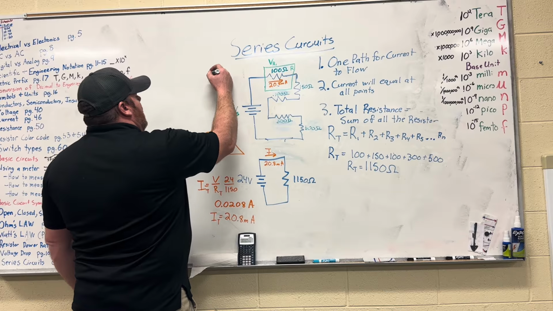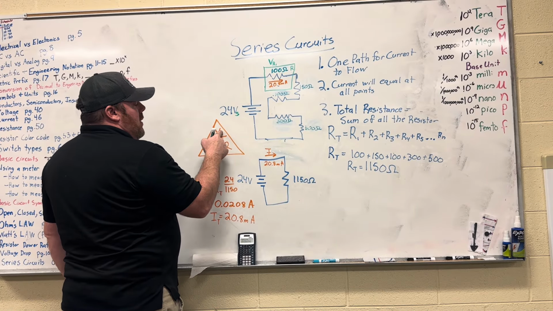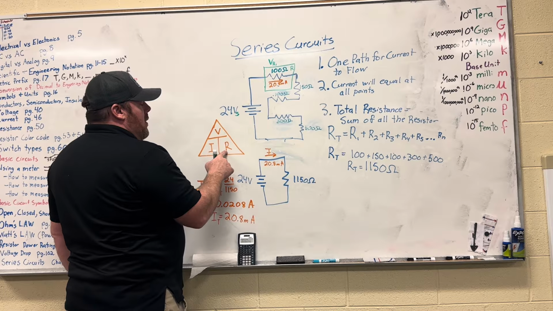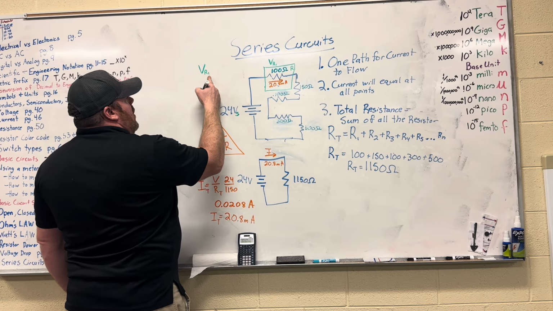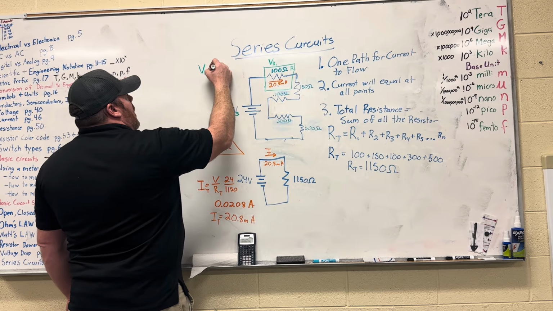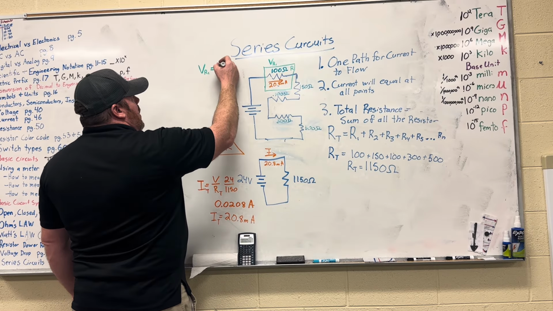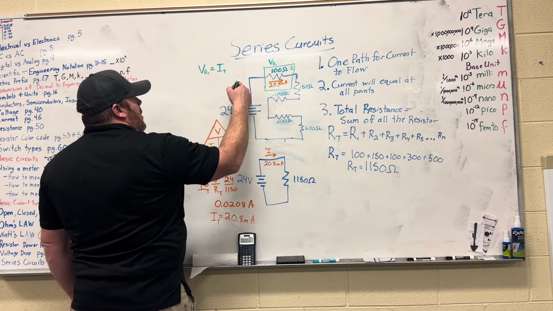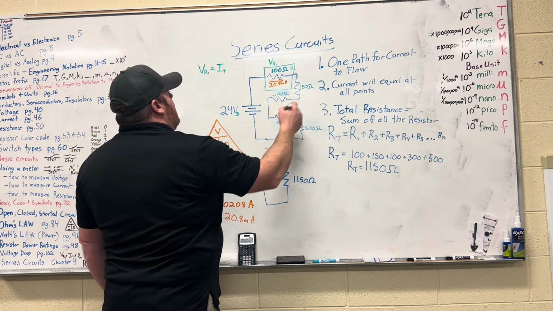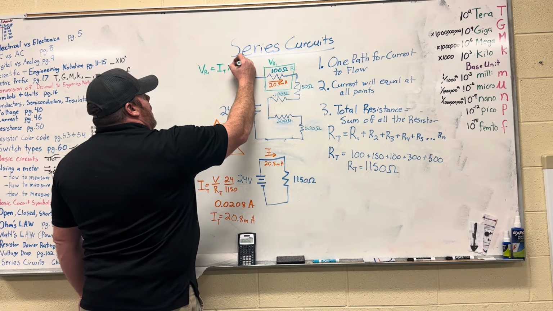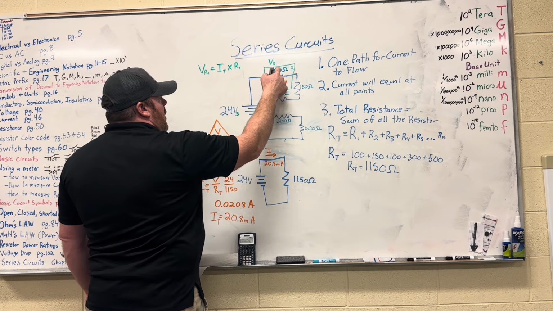So we'll bring this over here. In this case, we're now looking for voltage, which is going to be the current times the resistance. So the voltage drop across R1 is going to be equal to the current, in this case total, because the current is the same all the way through the circuit, times the resistance value of that resistor.